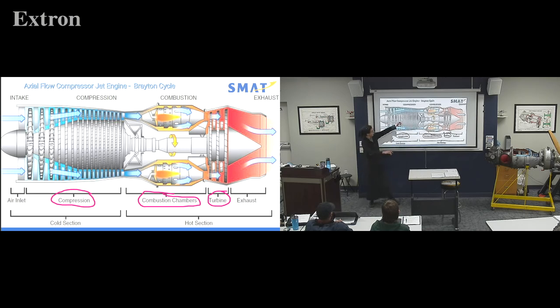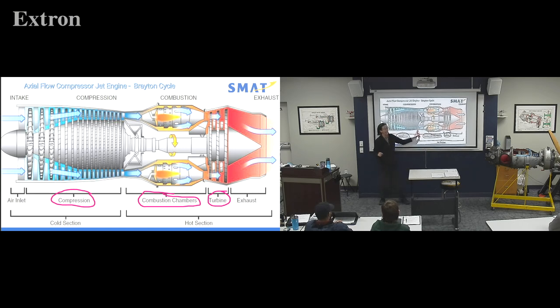Now you should be able to figure this out. What kind of duct is right there? What is happening to pressure? Increasing. So right here, this is the end of our compressor section going into what section? Combustion.